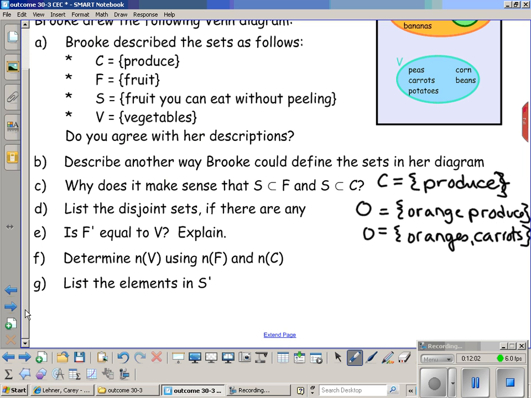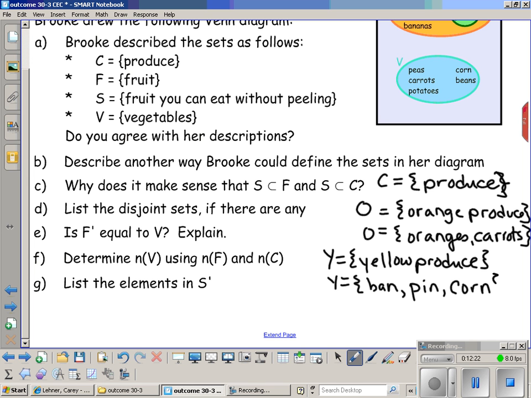Then Y is going to represent yellow color. And if I look to see what we have as yellow, we've got bananas, we've got pineapple, and we've got corn. All of those are yellow produce.